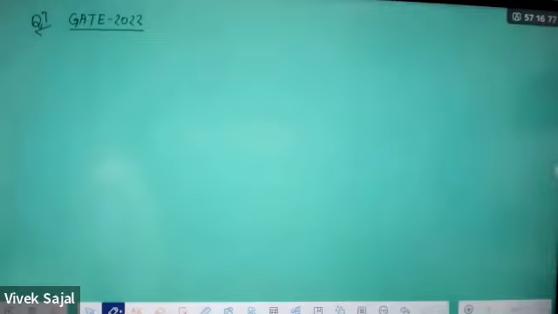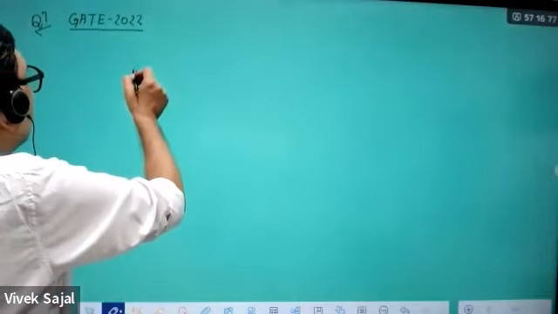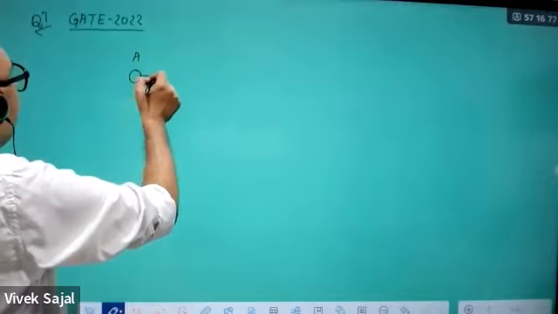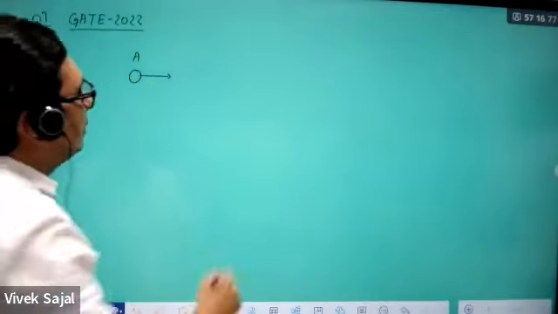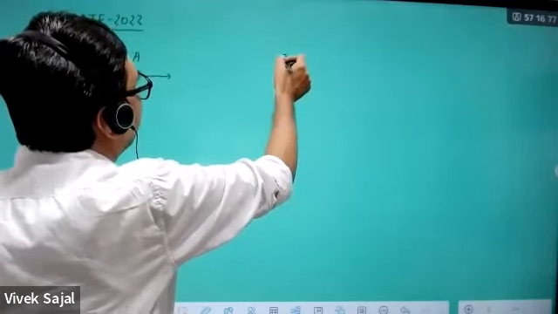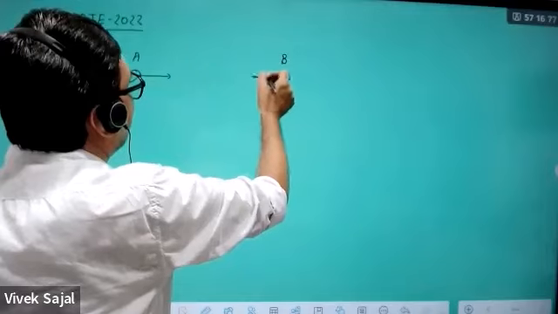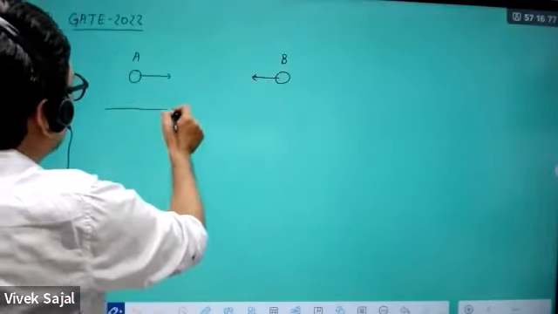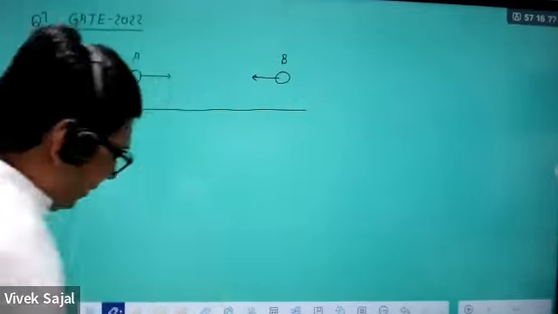So here, first, this is one of the particles. I'm calling it A. There is another particle, that is B. They are approaching towards each other. What is the speed?